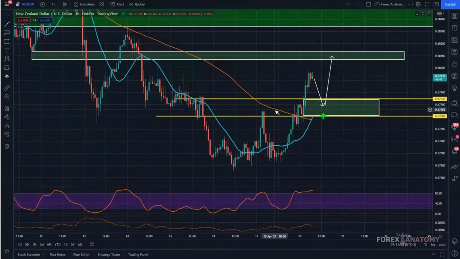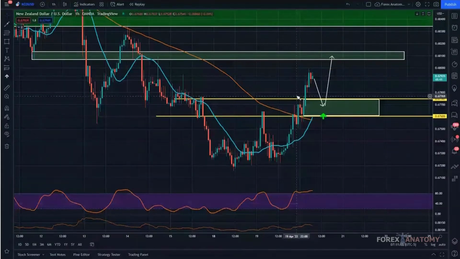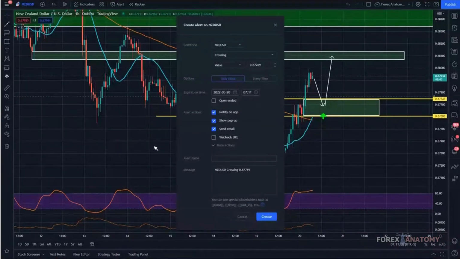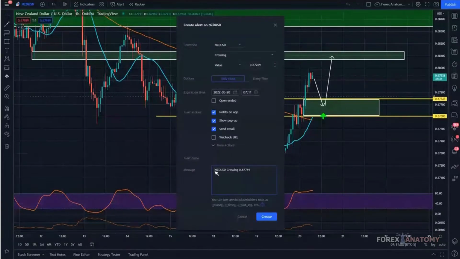What I would like to see is price get near this structure area. So then what I'm going to do is place a price alert right here, add alert, and I'm going to put the date. The date is, I believe, the 20th. So we're going to say price testing or near structure support.